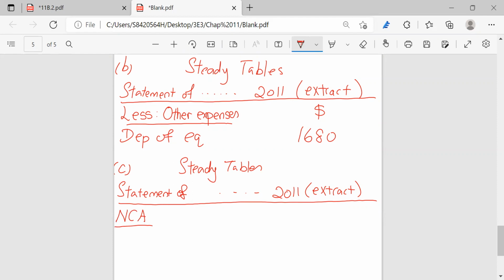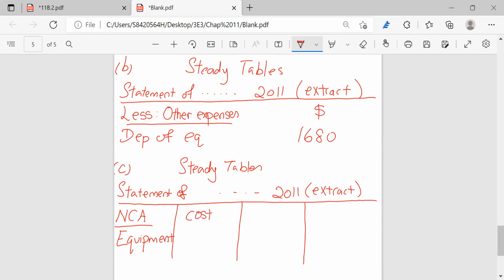The subheader here, of course, is NCA. The item that we're looking at is equipment. Then draw the 3 columns at the back.